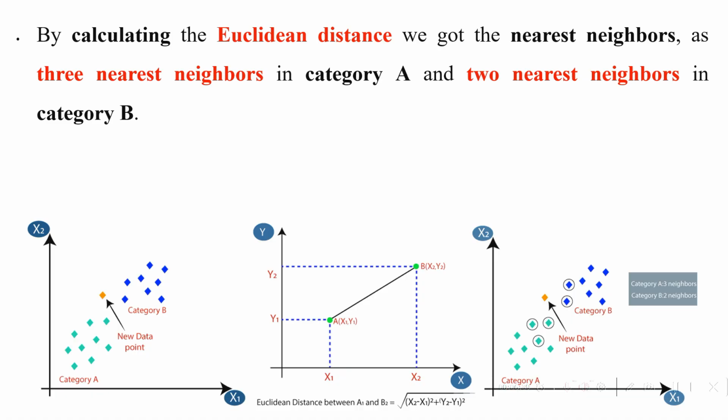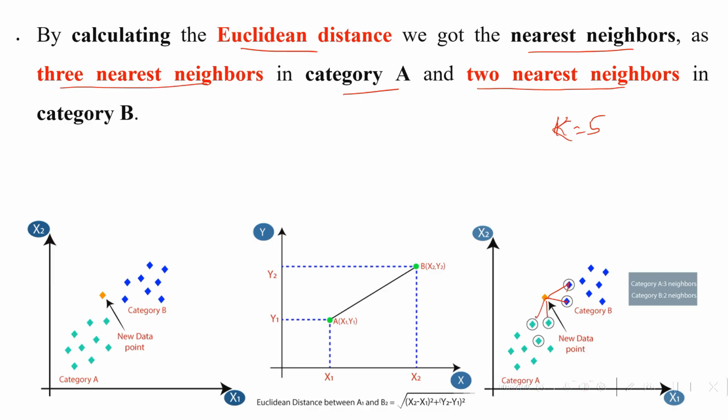Then, calculating the Euclidean distance, we get the nearest neighbors as 3 nearest neighbors in category A and 2 nearest neighbors in category B. Here k equal to 5, so that means we are finding the distance between the new data point and its 5 nearest neighbors.